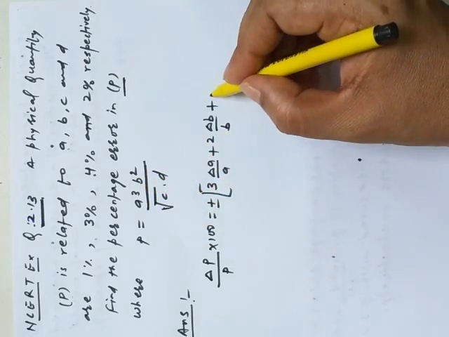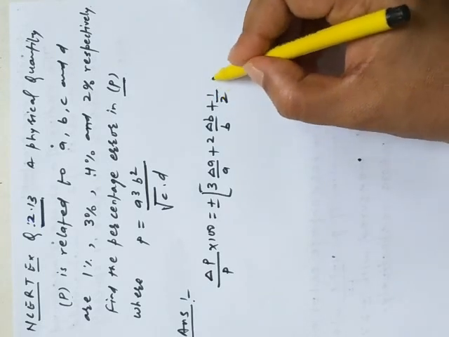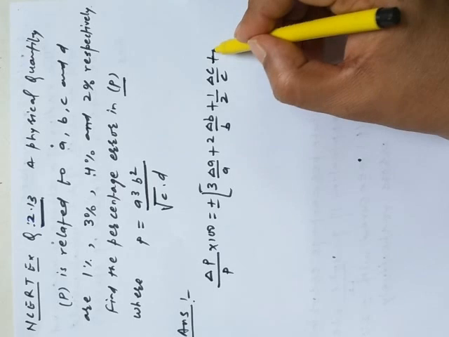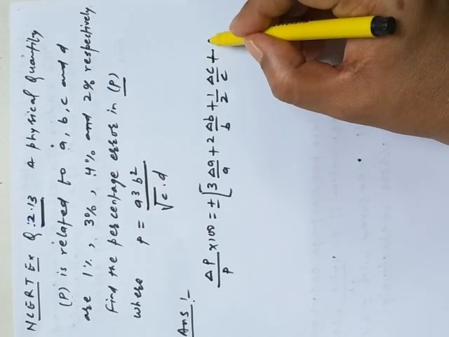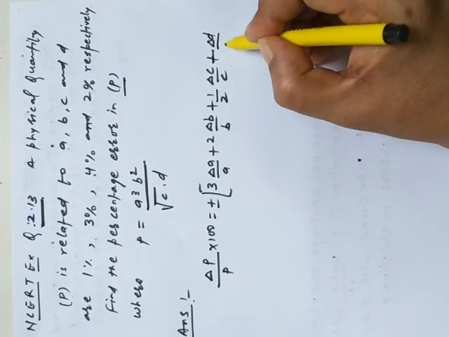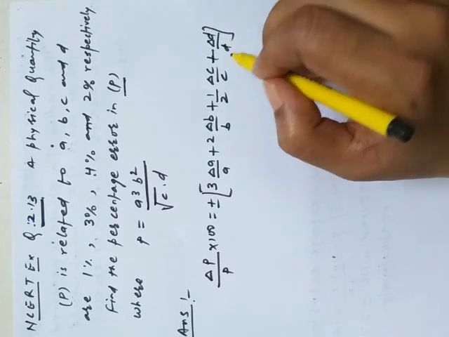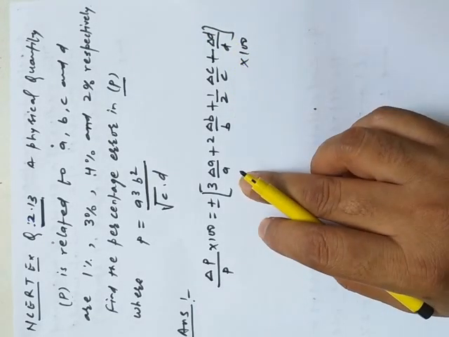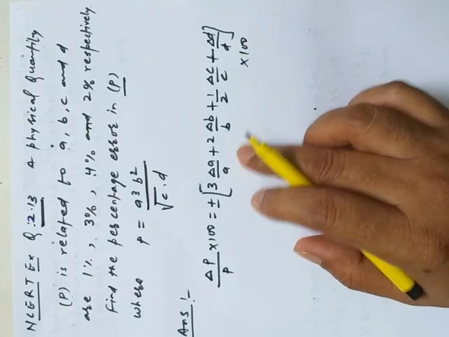Always we have to use the plus sign there. 1 by 2 delta C upon C, students, plus power of D is 1, so it doesn't create any impact, so delta D upon D, and the whole bracket we should multiply by 100 because we have been given the percentage error in each quantity.